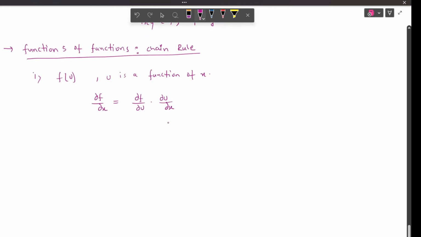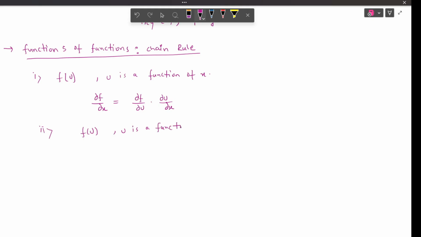Now let us say f(u) be a function of u, and here u is a function of x and y. So we can say that f is also a function of x and y.